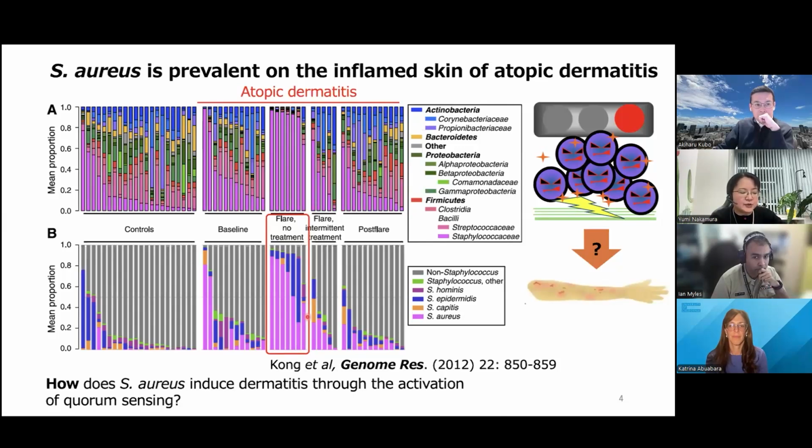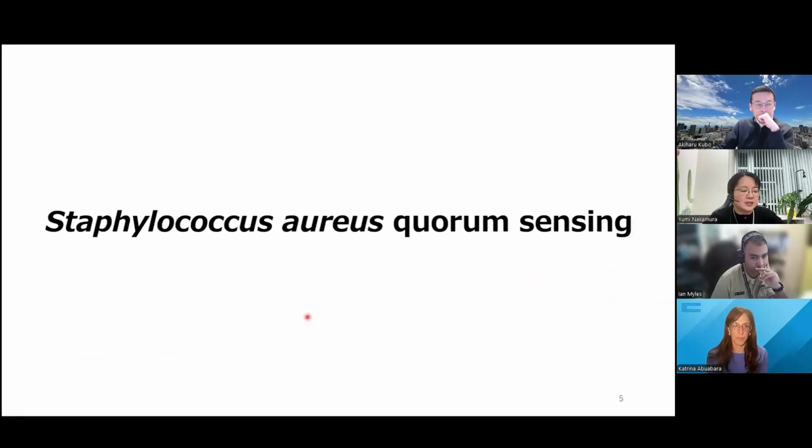This method clearly shows the rise of Staph aureus in lesional skin, but it does not explain how Staph aureus contributes to the pathogenesis of atopic dermatitis. To address this, we focused on understanding how Staph aureus induces dermatitis through the activation of its AGR quorum sensing system. So next, I would like to introduce bacterial quorum sensing.